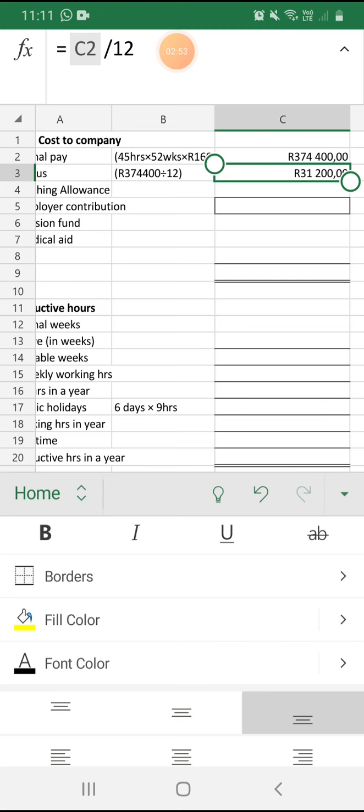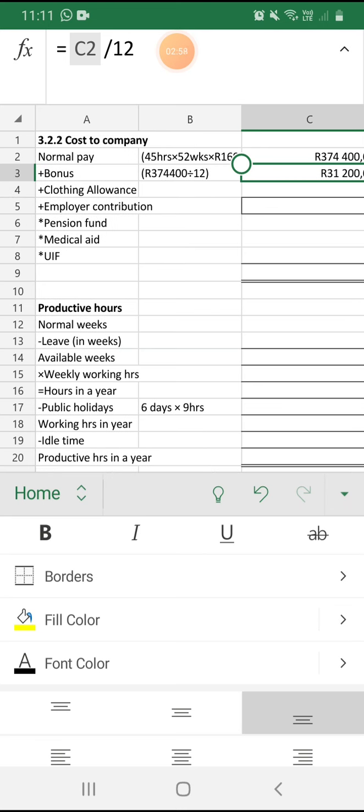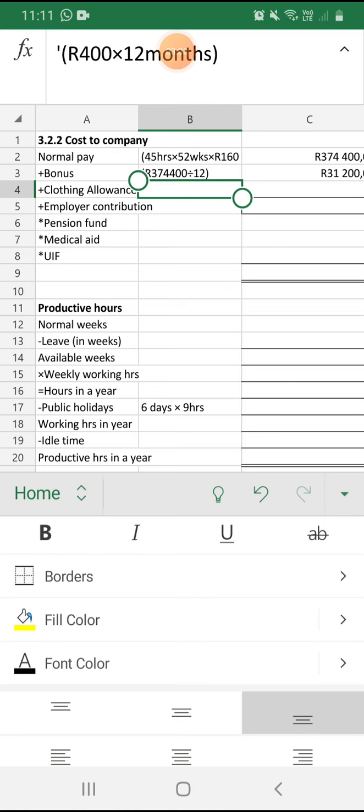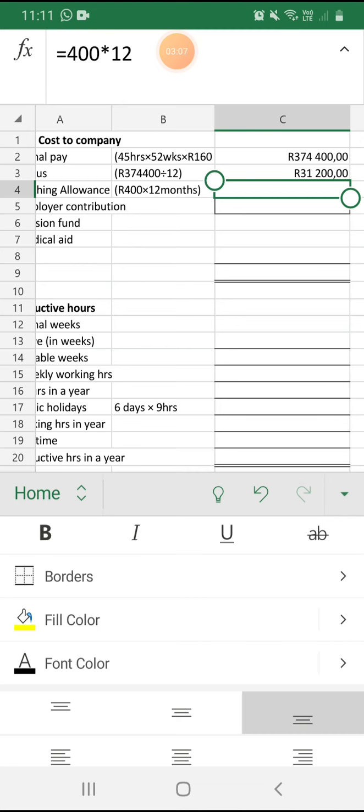Remember, when you're doing cost to company, you're calculating what the cost is to the company for the year. Therefore, you'll take your 400 clothing allowance, multiply that with 12 months, and for the 12 months, Bridget receives a clothing allowance of 4,800.